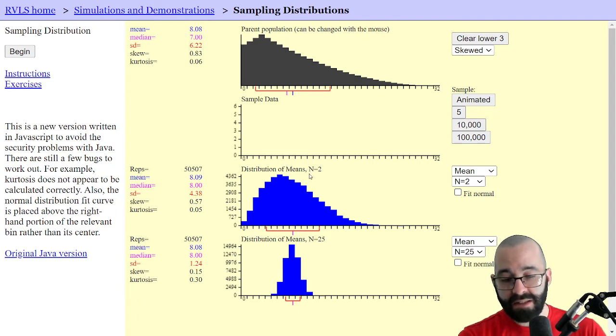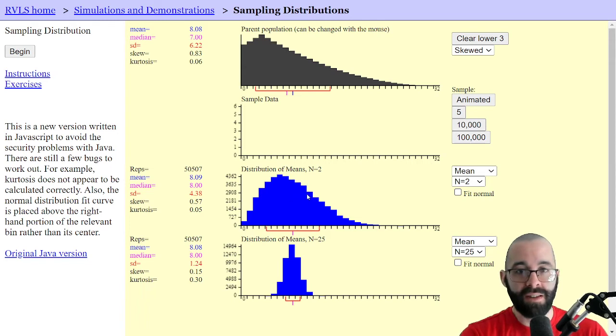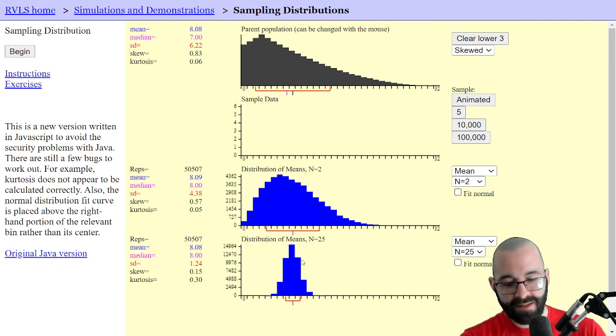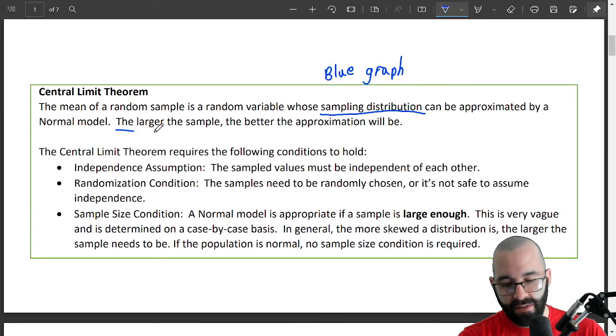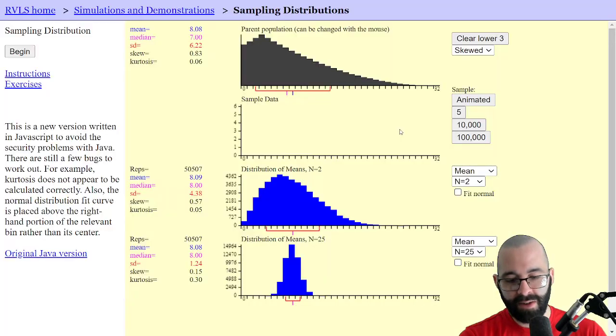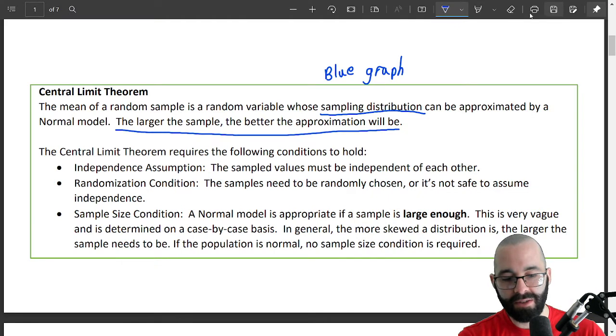N equals 2, that's a small sample size. This is kind of skewed. The normal model should be symmetric. But we made the sample size bigger. The bigger the sample size, the better the approximation will be. We made the sample size bigger, and yeah, now it really looks like a normal curve.